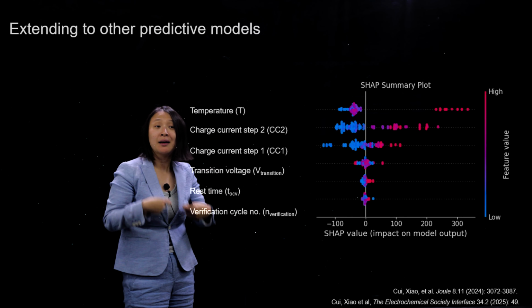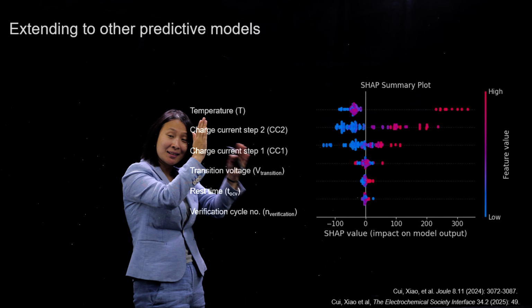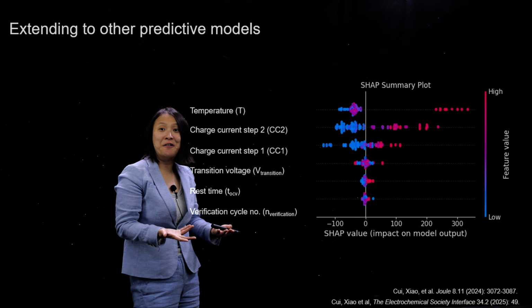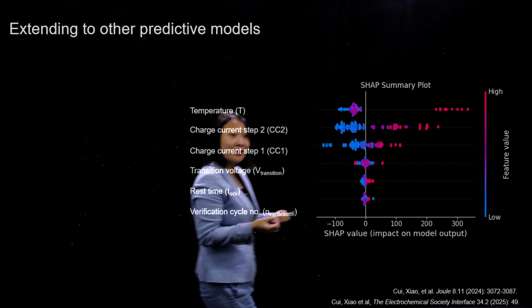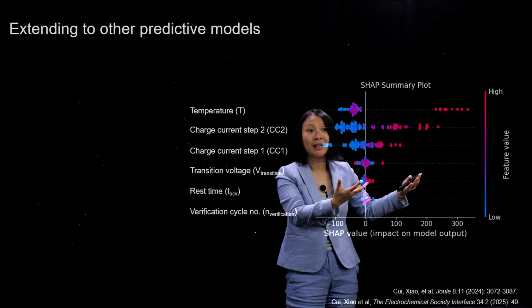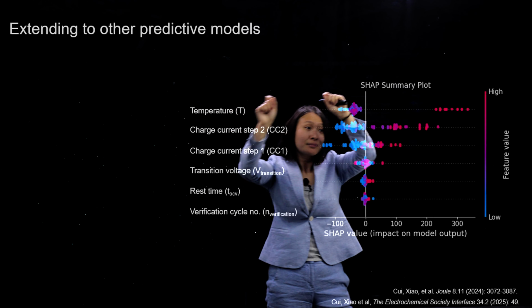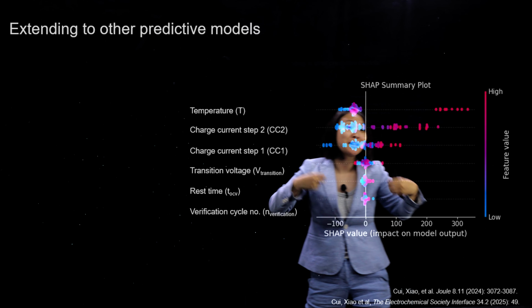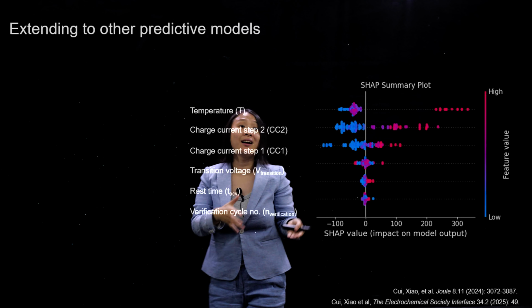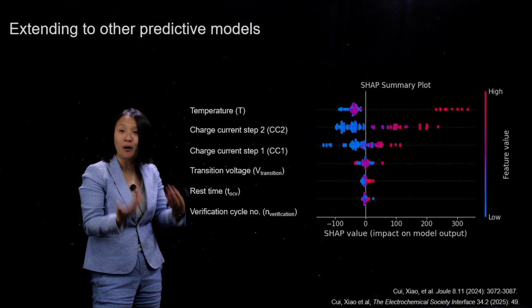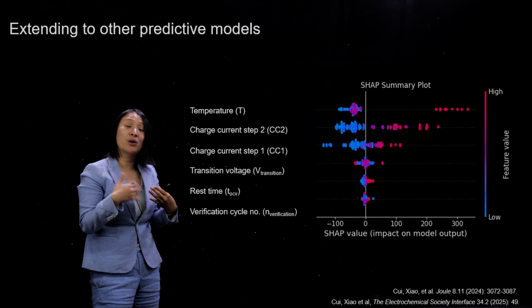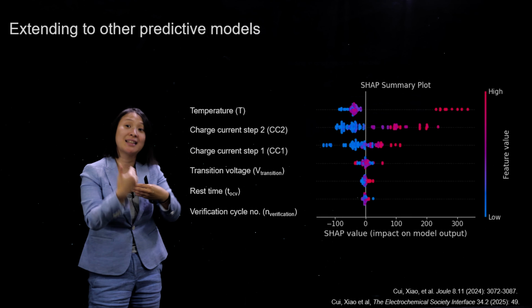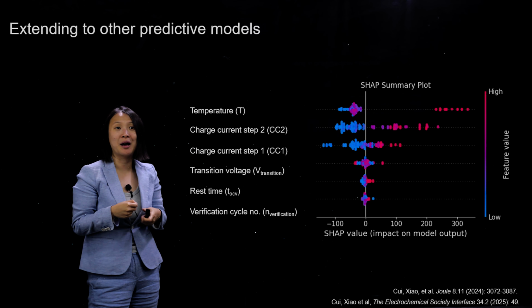And we can immediately see how the 6 parameters during the formation impact the cycle life of batteries. Here in this summary plot, you can see the temperature would impact the cycle life of the battery the most. This gives advice to help battery engineers consider changing parameters such as temperature during the design of their formation protocols.